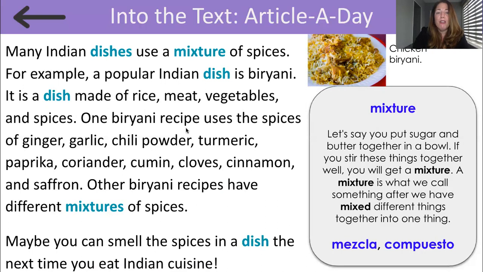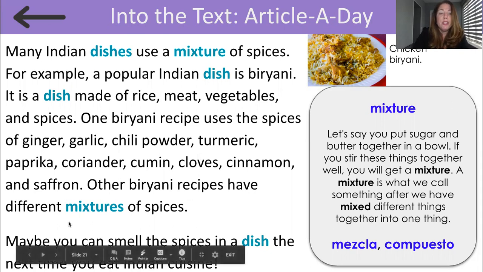One biryani recipe uses the spices of ginger, garlic, chili powder, turmeric, paprika, coriander, cumin, cloves, cinnamon, and saffron. Other biryani recipes have different mixtures of spices.